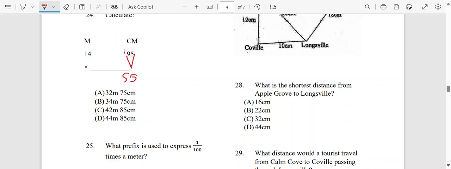So 8. Very good. Carry the 2. The 3 is going to times the 4. 3 times the 4 is 12, and 12 and 2 is 14. Carry 1. 3 times 1 is 3, and 1, 4. So 44,085.